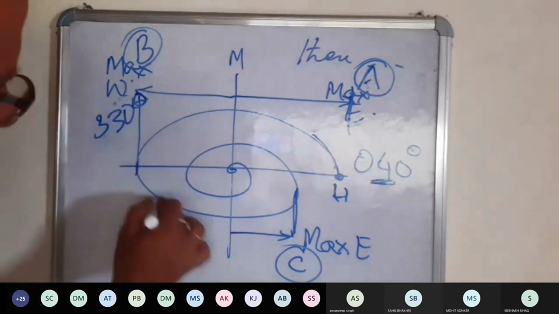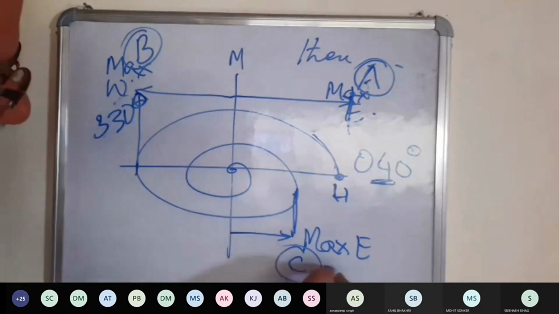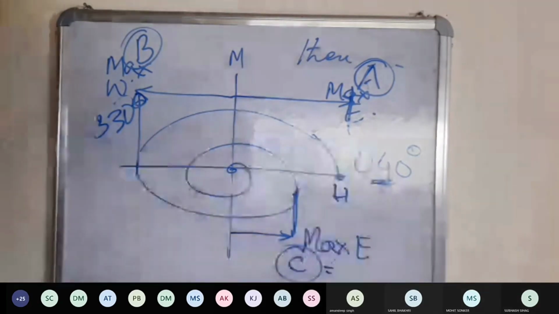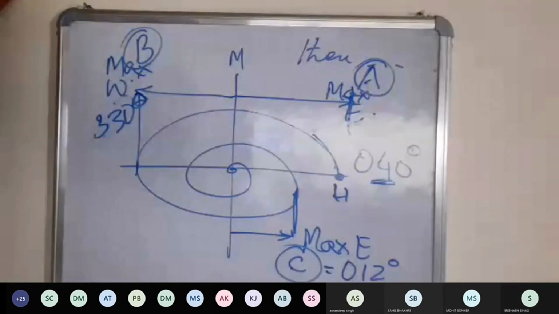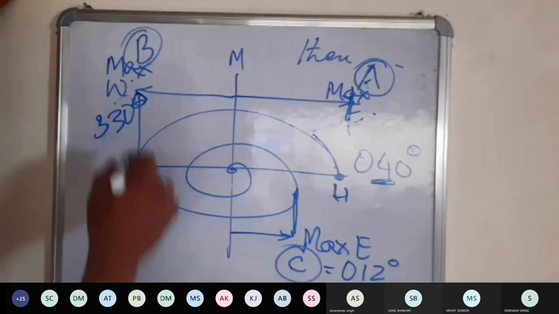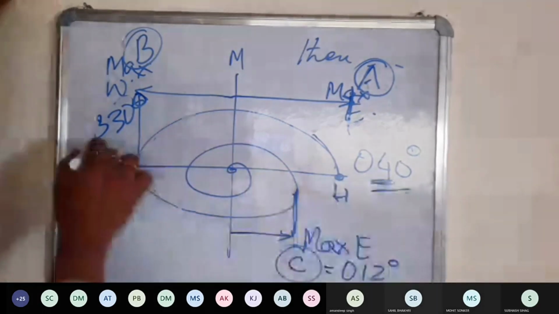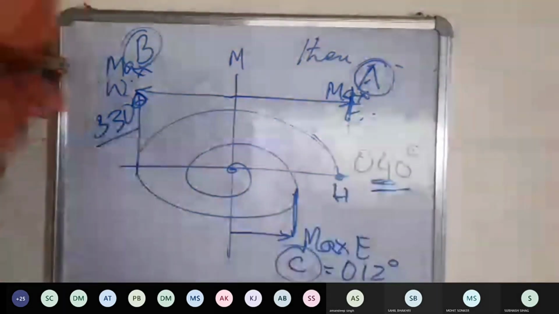In the next cycle at C, let us say it is 012 degrees. So A is 040, B is 330, and C is 012.